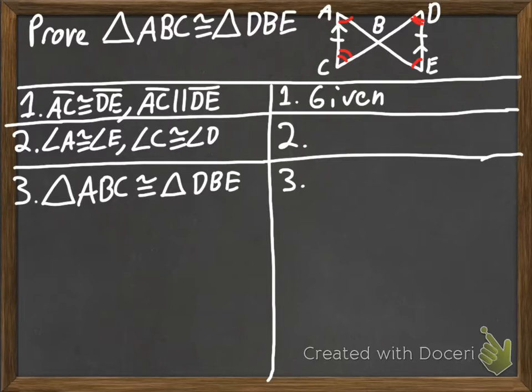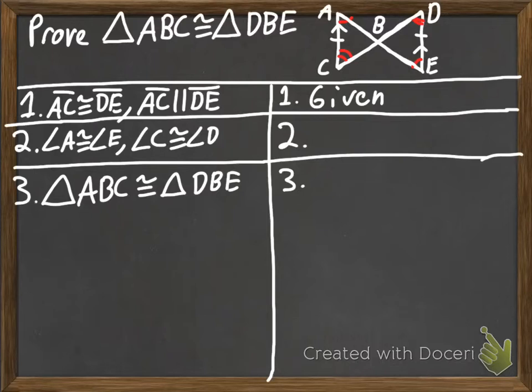Now I know it's kind of hard to see and you might have had to tilt your head, but what we have here is two parallel lines and they're cut by a transversal. CD is a transversal and AE is a transversal. And what happened is that we get two sets of alternate interior angles.